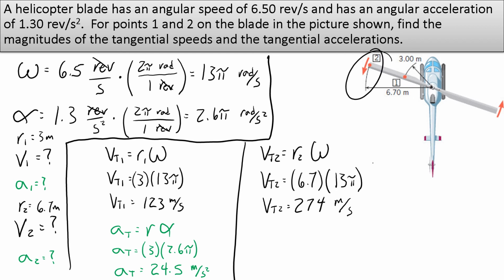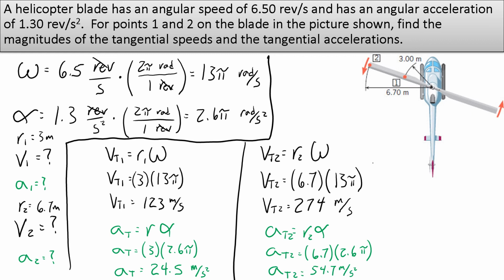All right, let's do the acceleration. Again, this is for 0.2. Let's substitute in the values, and you get 54.7 meters per second squared. So not only are you moving faster tangentially the further out you go, but that acceleration is also greater the further out you go, the tangential acceleration.